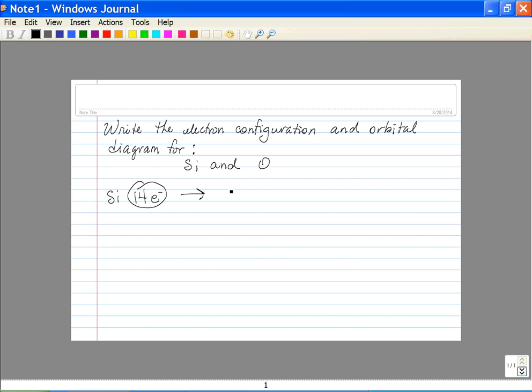If we write that out in terms of what we did in the last semester, you can see that we've got 1s2, 2s2, 2p6, 3s2, and 3p2. So we've got three different energy levels here. We've got 1, we've got 2, we've got 3.